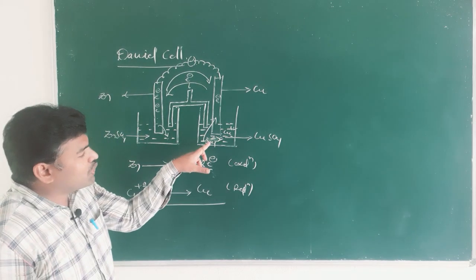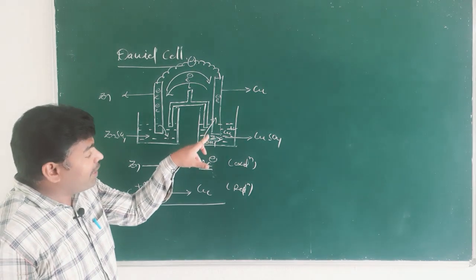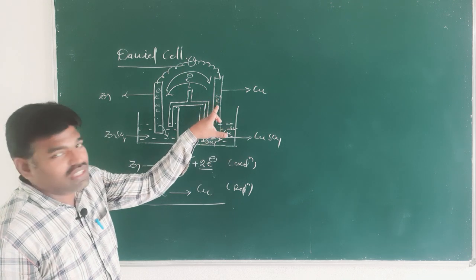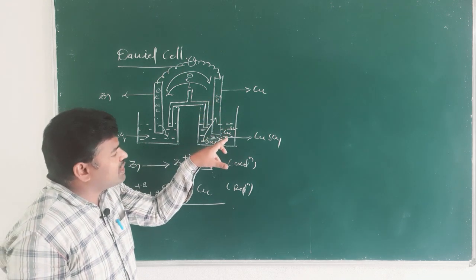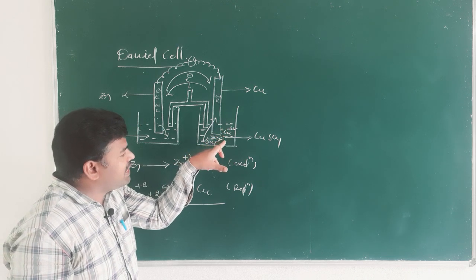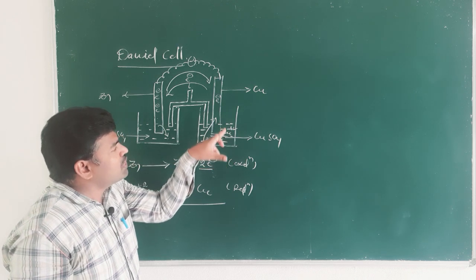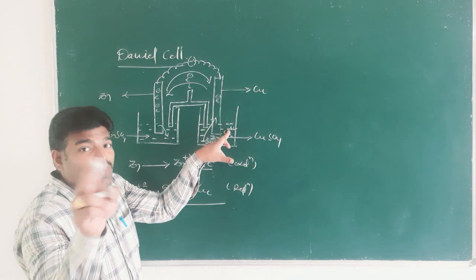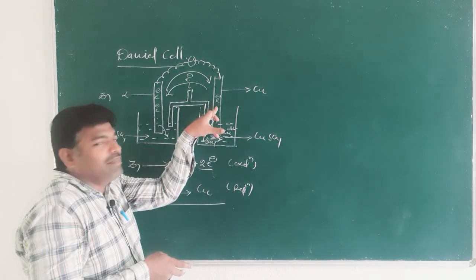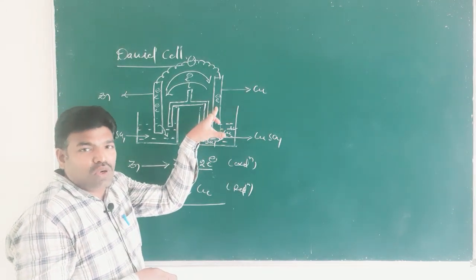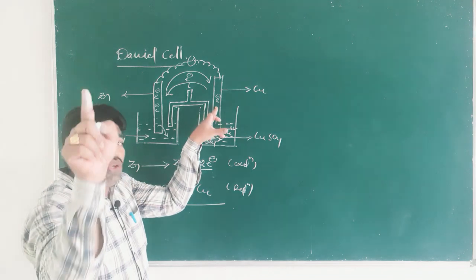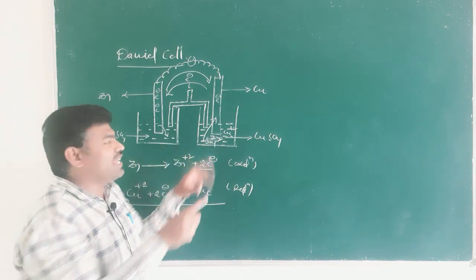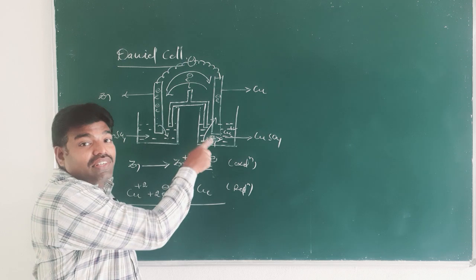The SO4 2- ions are left unpaired because the Cu+2 ions present in the solution go onto the copper surface, where they gain 2 electrons and are deposited on the copper electrode surface.